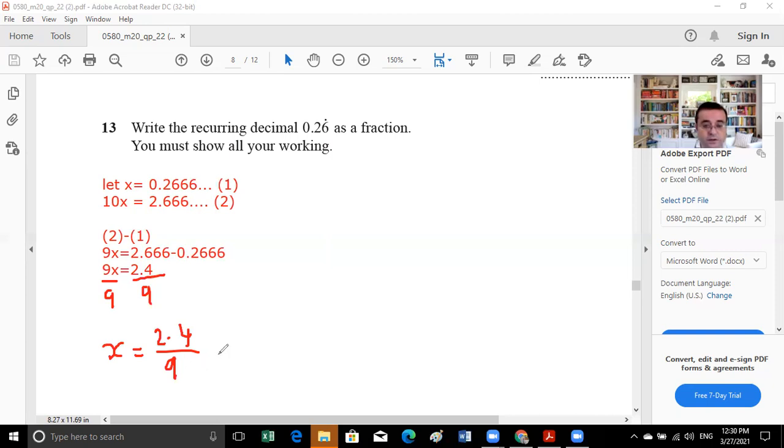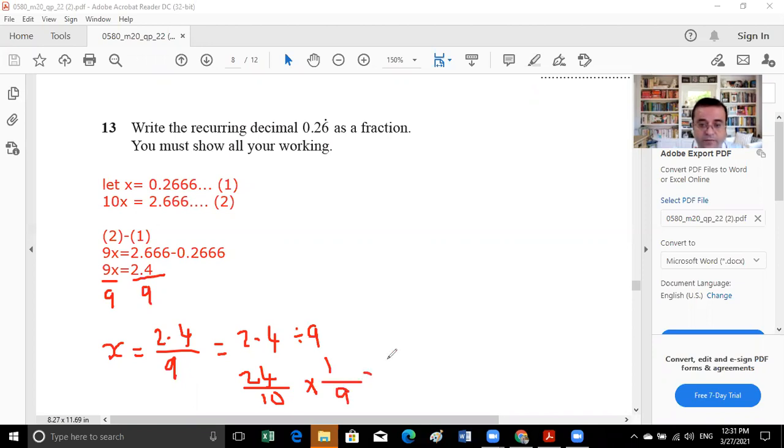Teacher, I did it a different way. Look at this here: 2.4 over 9. If you don't want to use a calculator, you can use a calculator, no problem. This one can be 24 over 10, times 1 over 9, flip.